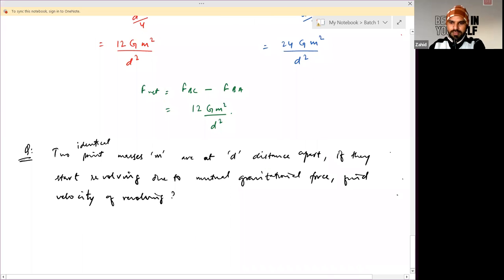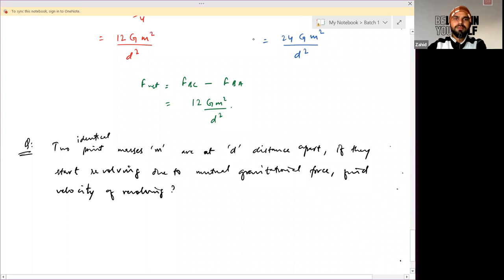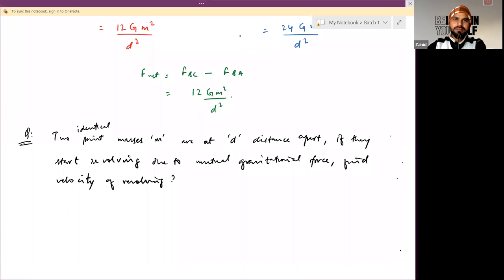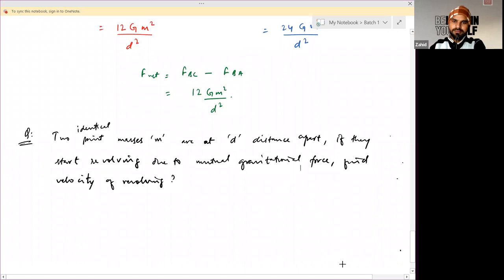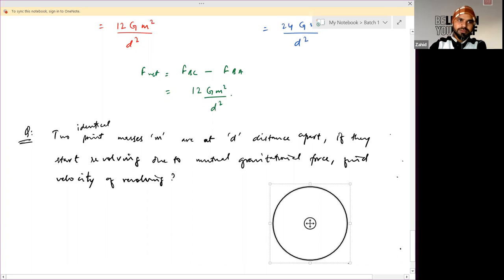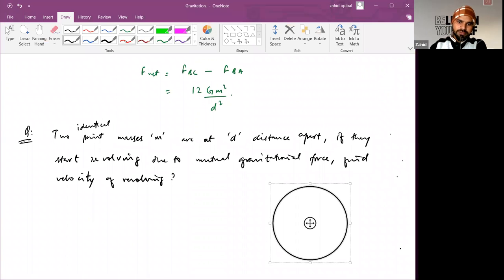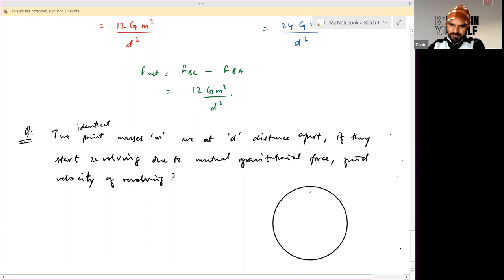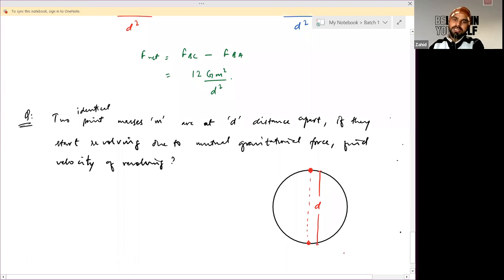Let me give you an idea how to approach this problem. Suppose you have any two point objects which must be at some distance d, initially like this. Due to the gravitational force between them, this entire system starts revolving with respect to one another.